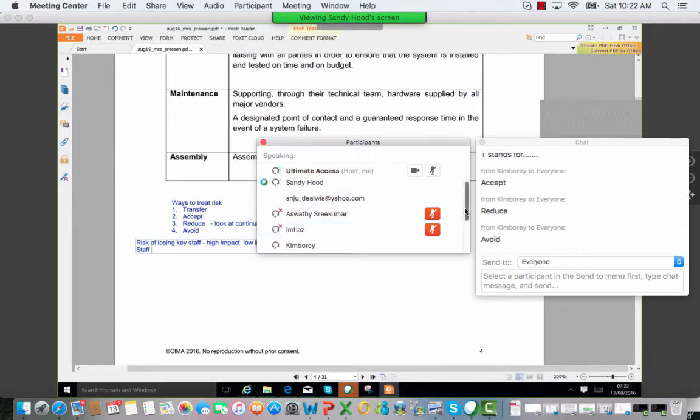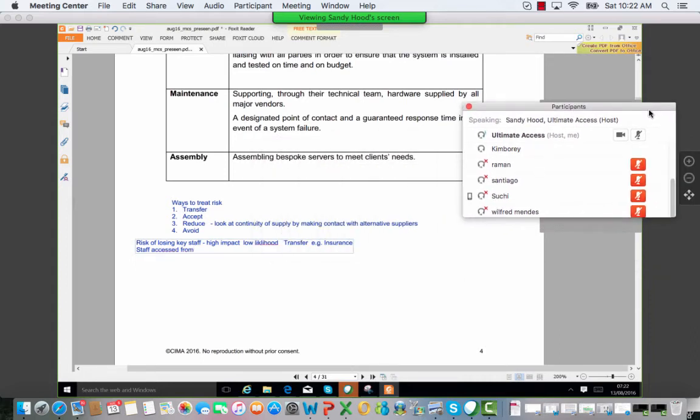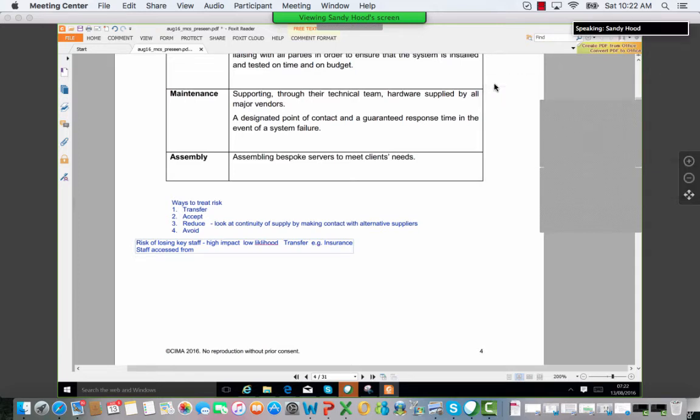And so the staff are accessed from the university, Western Central University, and as such, that then helps them to have this ongoing source. So it's not an insurance arrangement or a transfer of the risk, it's that they've dealt with it using an ongoing supply base.